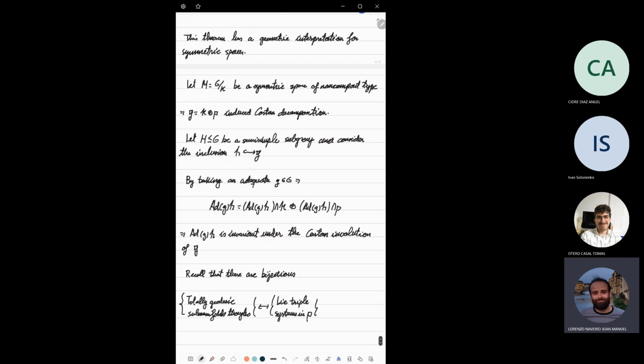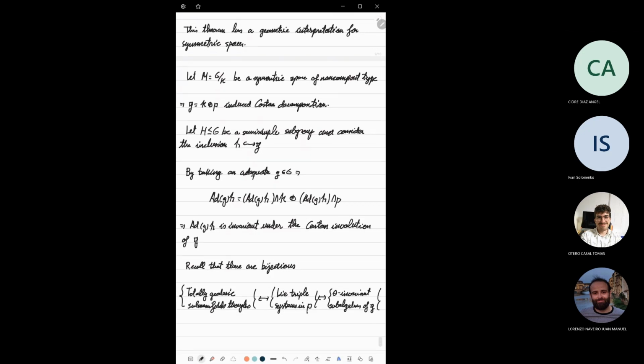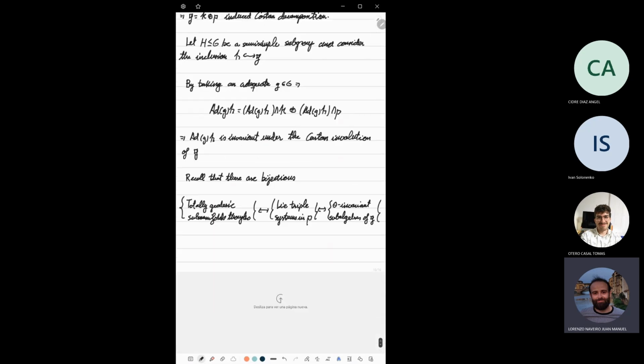So the subspaces of p that are closed under the triple bracket, and the theta invariant subalgebras of g. And the correspondence was given as follows.